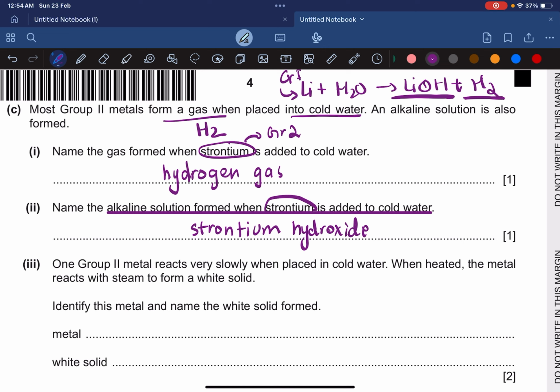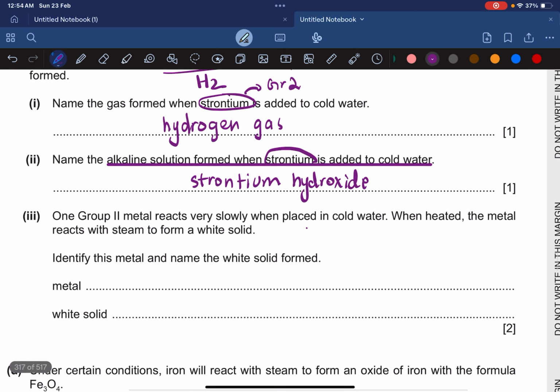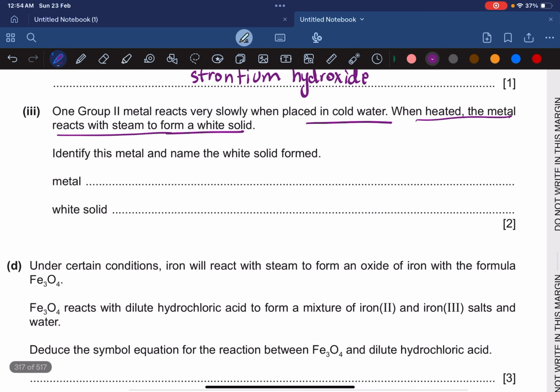One group 2 metal reacts very slowly when placed in cold water. When heated, the metal will react with steam to form a white solid. Identify this metal and the name of the white solid formed. Very slowly with cold water. Okay? Calcium reacts rapidly with cold water. Remember that the metal that reacts very slowly with cold water is going to be magnesium.